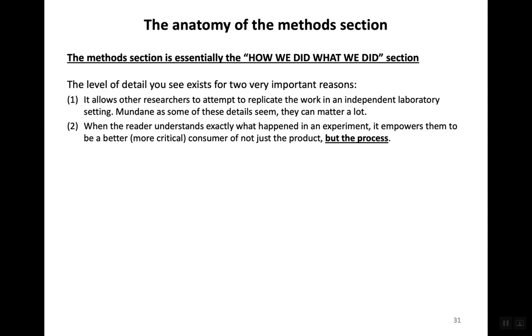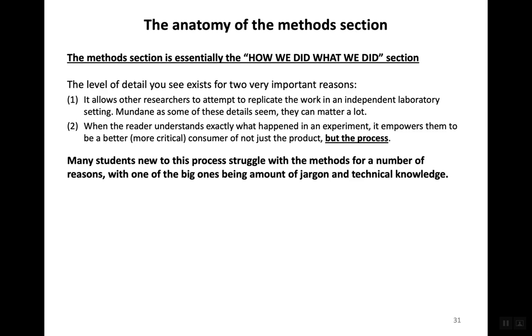Essentially it comes down to explaining how the researchers did what they did. And it is critical to understand what's going on over there. However, this can be complicated because of the amount of jargon and technical knowledge involved. Yet I would encourage you to go through that method section carefully.